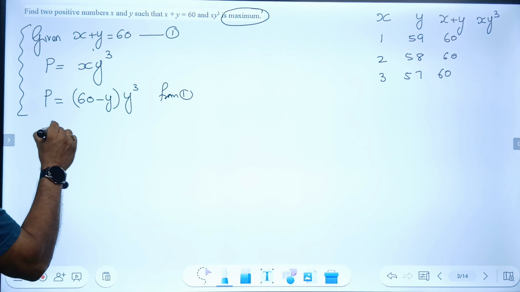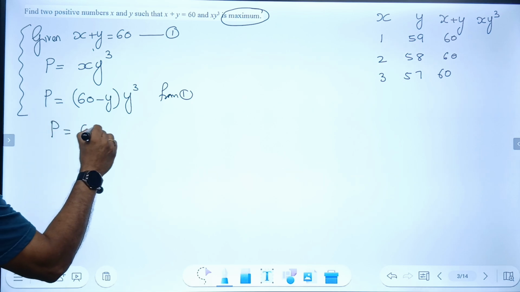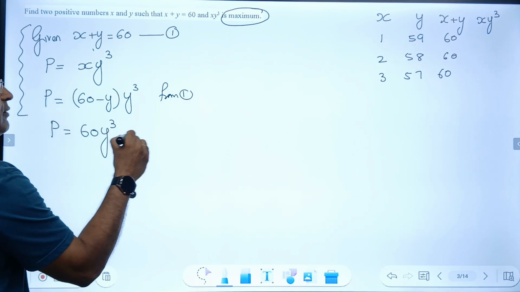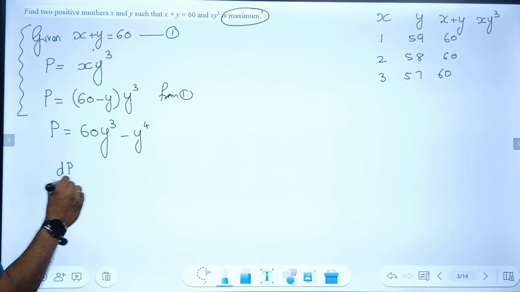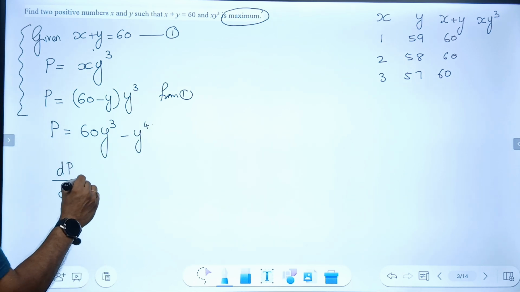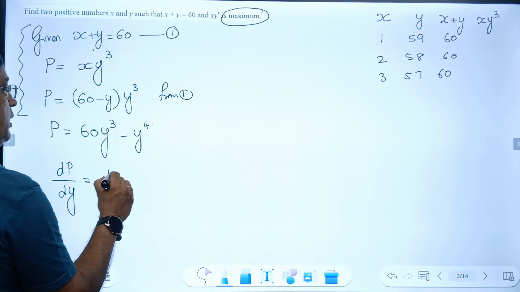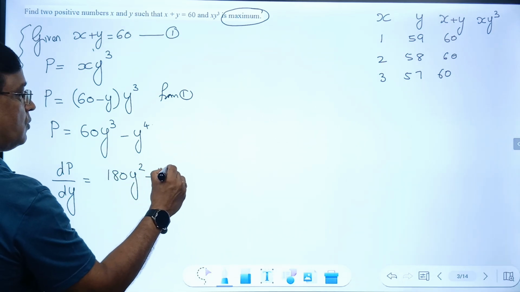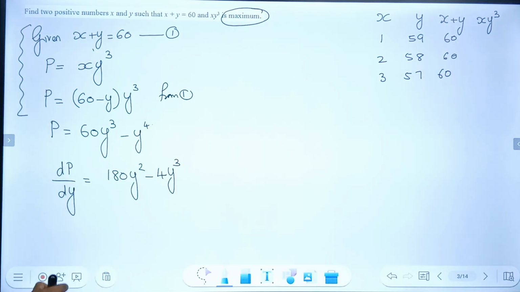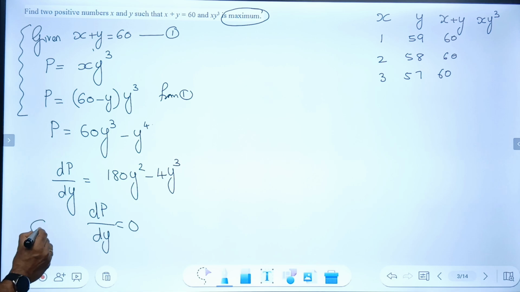So to avoid that, I will open the bracket first. Then I differentiate. What is dp by dy? dp by dy is 180 y square minus 4y cube. Correct? Now I find dp by dy equal to 0. What is this actually? I am finding the critical point.